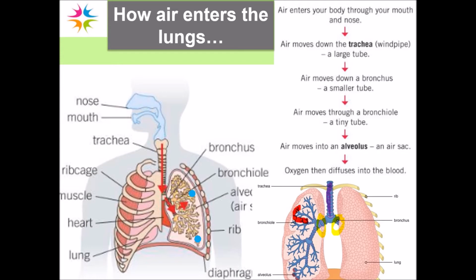And then the bronchioles branch into the alveolus or alveoli, and that is around here. And that is how oxygen can diffuse into our blood.